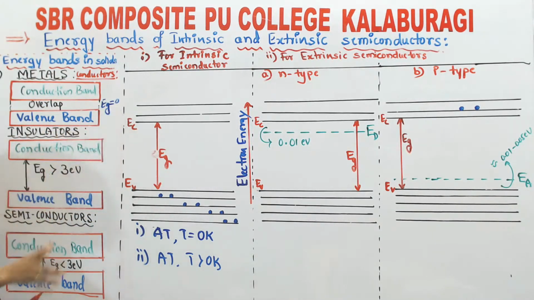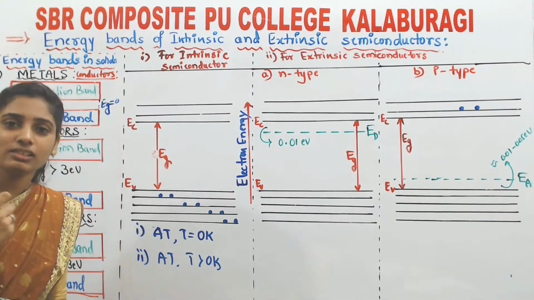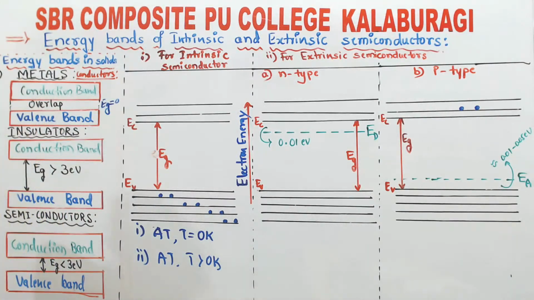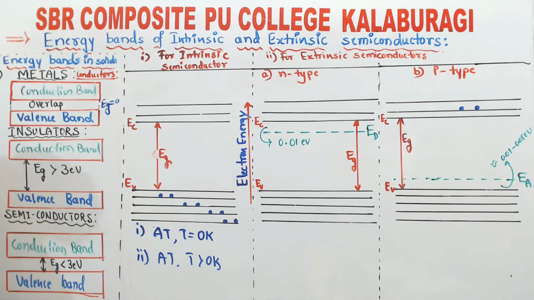That means the electrons in the valence band can easily move into the conduction band without any external energy. So no much external energy needs to be supplied to the free electrons in the metal to conduct. That's why in conductors the energy gap is zero. This is the situation in conductors.